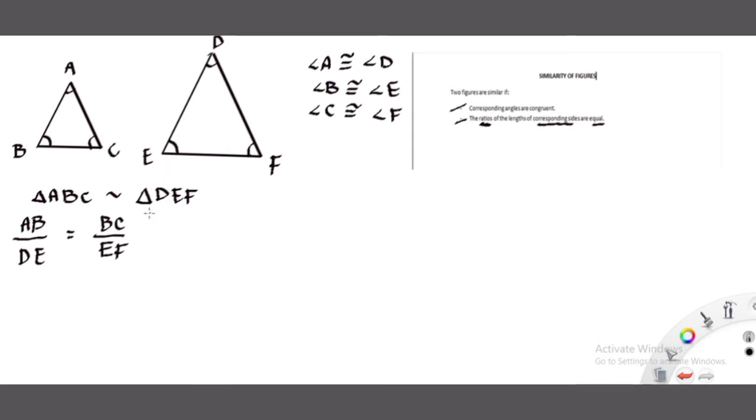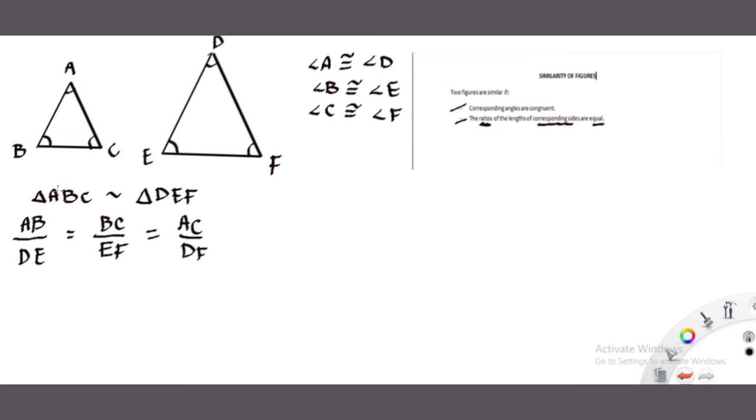Okay, so consistency for that. And may third side pa siya. So this is also equal to the third side, which is AC. Since it corresponds to DF, the ratio for that will be AC over DF.